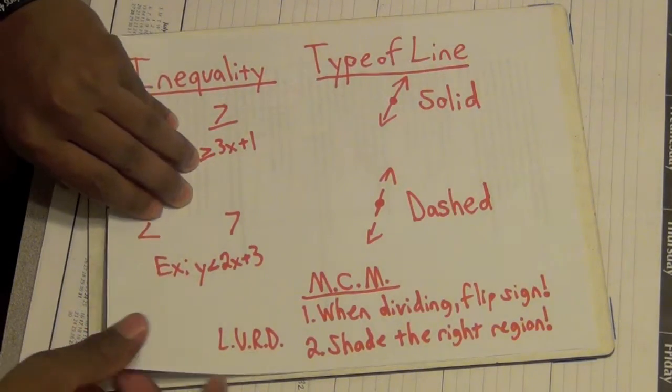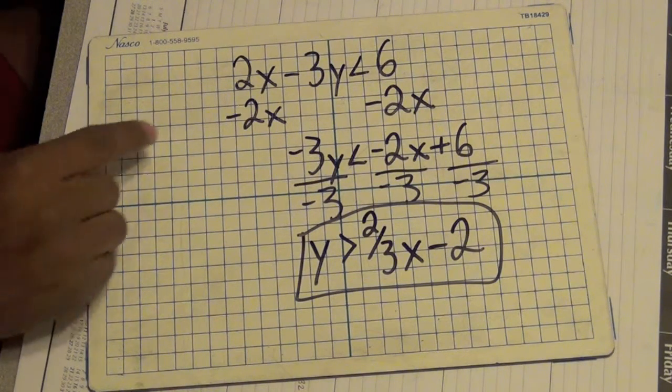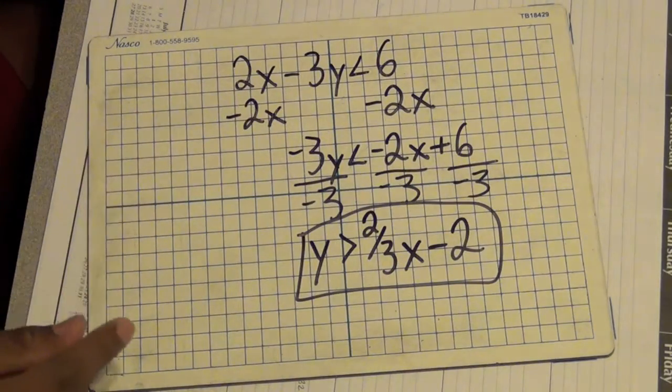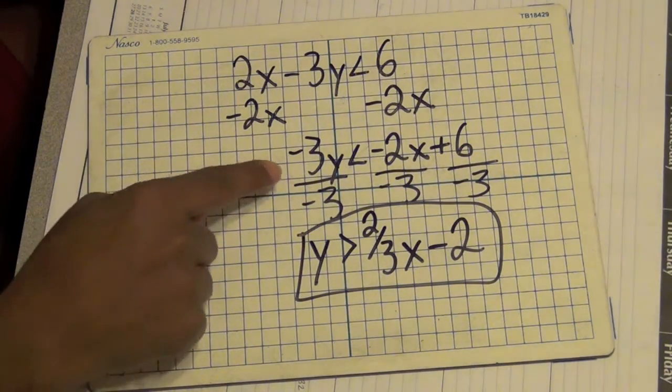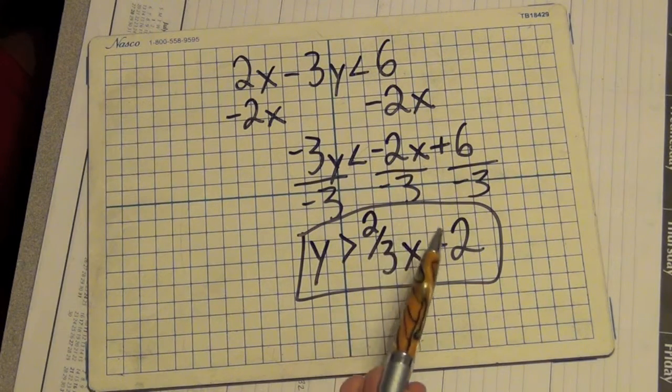So I'm going to give you a couple examples. As I was saying earlier, 2x minus 3y is less than 6. Now you have to get y by itself, which is the ultimate goal. So you subtract 2x, and that gives you negative 3y is less than negative 2x plus 6.